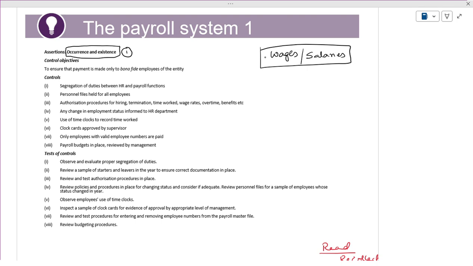In some cases, people are working remotely, even computer clock in, computer clock out, how many tasks they have done. People are focusing a lot on this module, payroll.